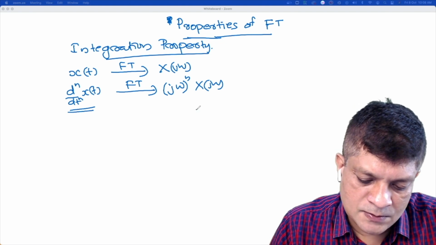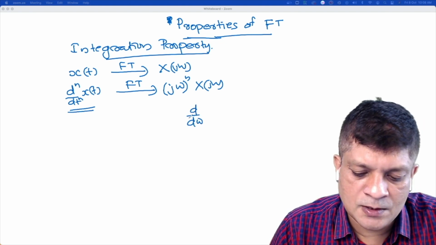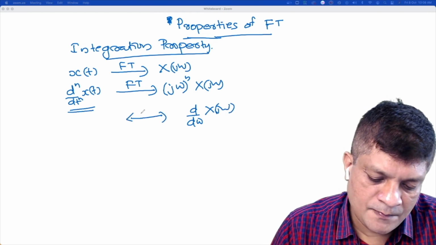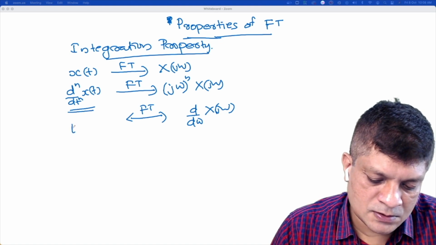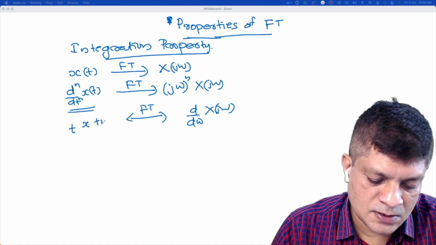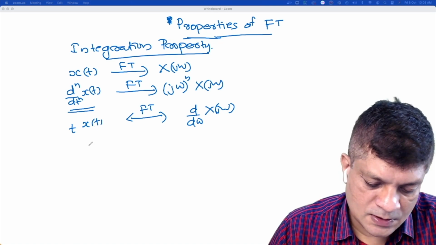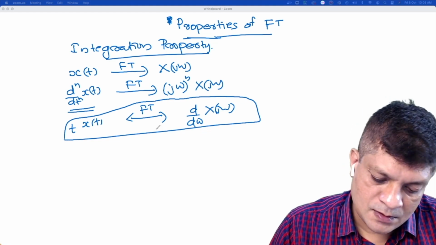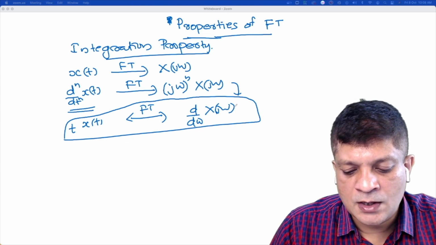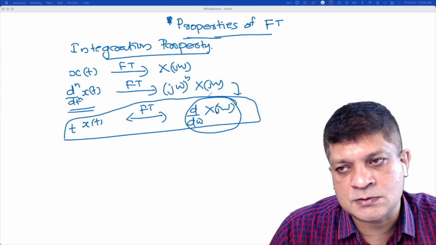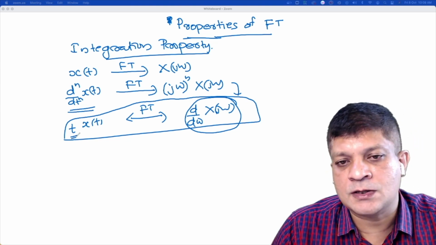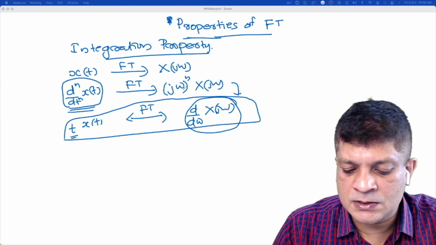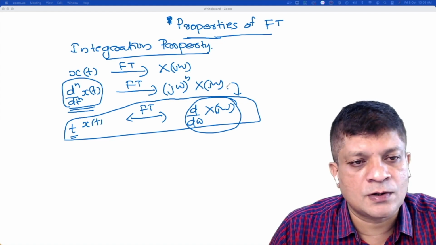That property is, if you differentiate in the frequency domain with respect to omega, then it is multiplication with t in the time domain. I don't remember the exact formula; I think there is a j term, and t x(t). Here, if you differentiate in the time domain, there is multiplication with omega in the frequency domain. So there is a dual of that property.